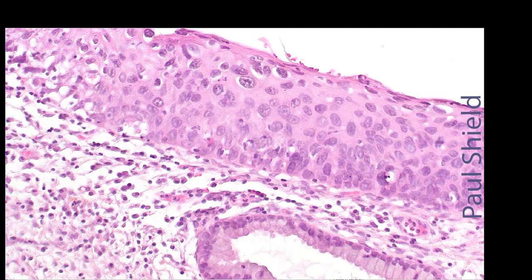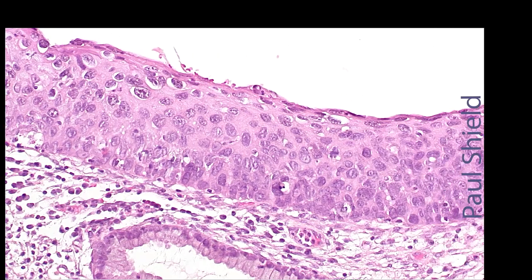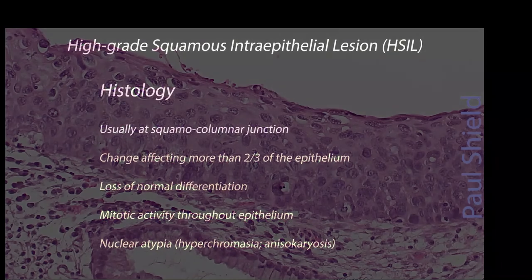And you can see there's really quite a lot of variation in nuclear size and shape in the epithelium. So if you compare, say, this nucleus with this one, there's quite a lot of variation. And notice only along that very top bit is there any differentiation, so flattening out of the cells.